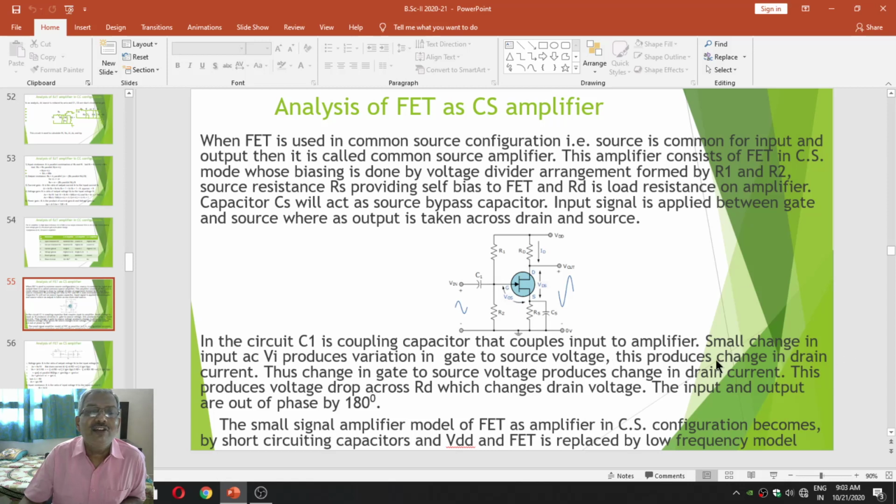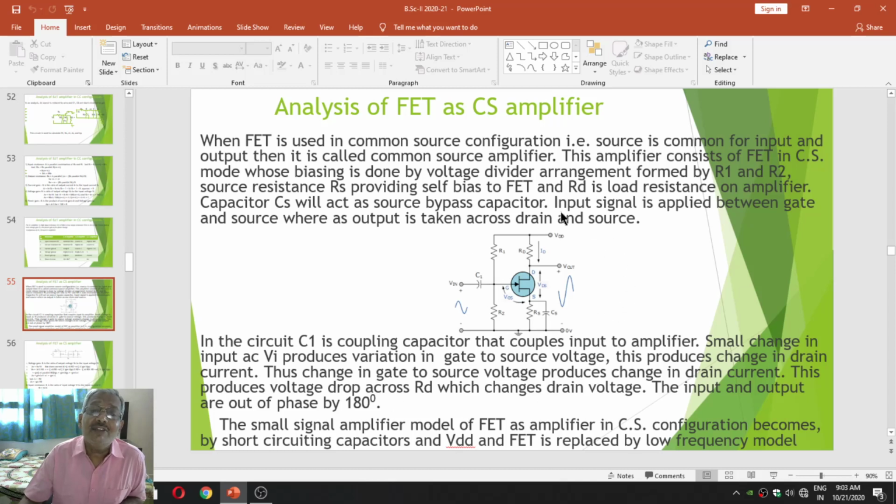This produces a change in drain current. This produces a voltage drop across RD, which changes the drain voltage. Hence, we obtain the amplified voltage across RD at the output. The input and output are out of phase by 180 degrees.